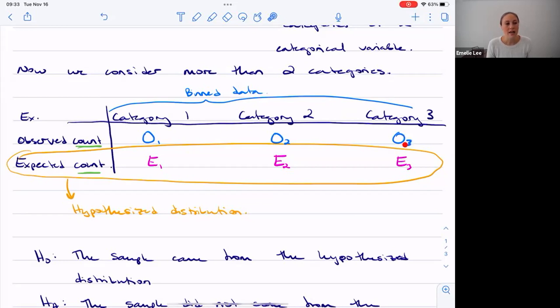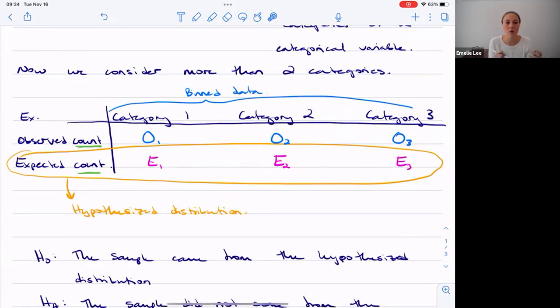And how do we get these expected counts? Well, if I say that these categories should be independent of each other, what does that mean? With 3 categories, I should see a third of the counts in category 1, a third in category 2, and a third in category 3.